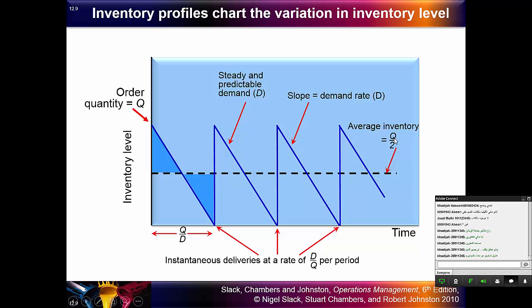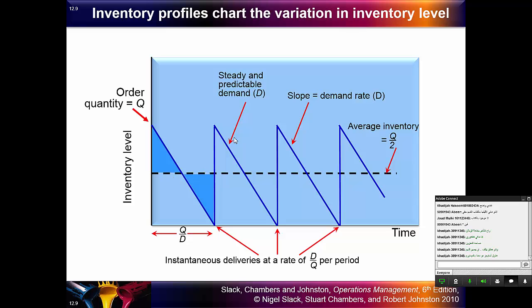Then the average inventory will be Q by 2. We said that we have 100 pieces, and the average inventory will be 100 by 2, which is 50.